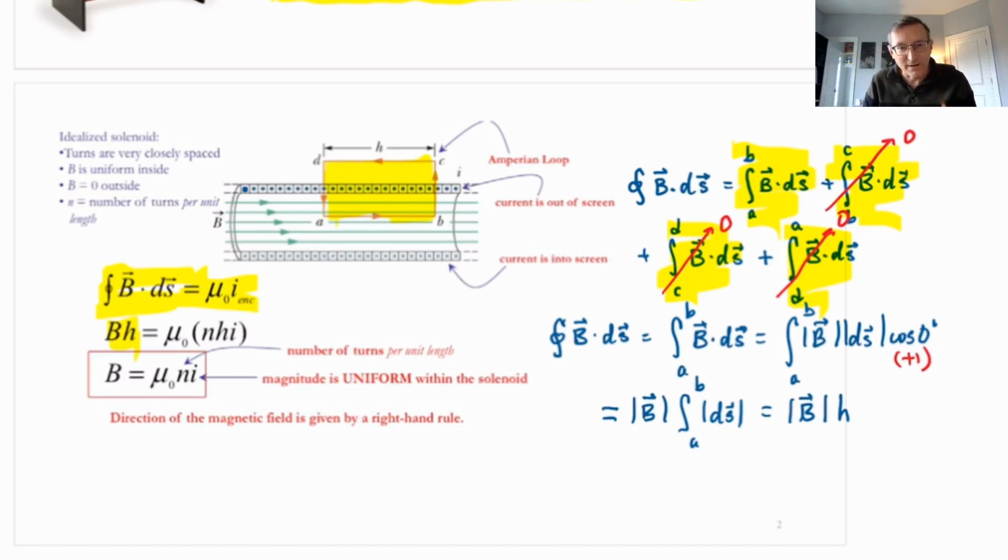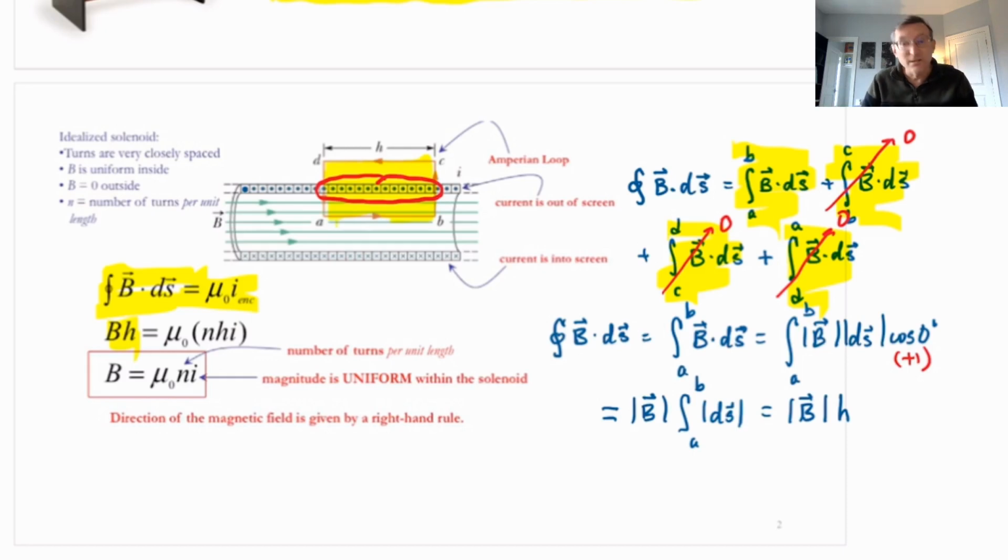We have to be able to visualize this. Right there. Do you see all those blue dots? That represents current in each winding or turn coming towards you. Straight towards you, out of the screen. And that's then piercing that yellow surface. And out of the screen, so it's a positive contribution to I enclosed.